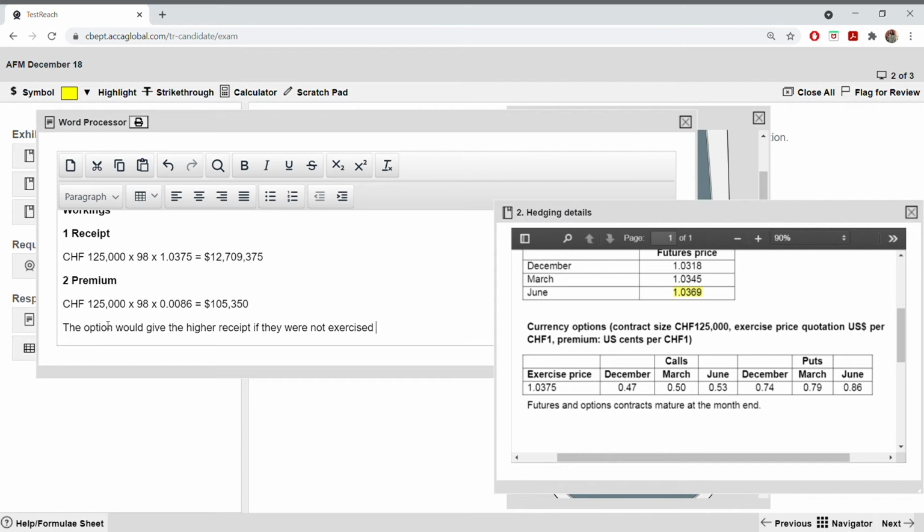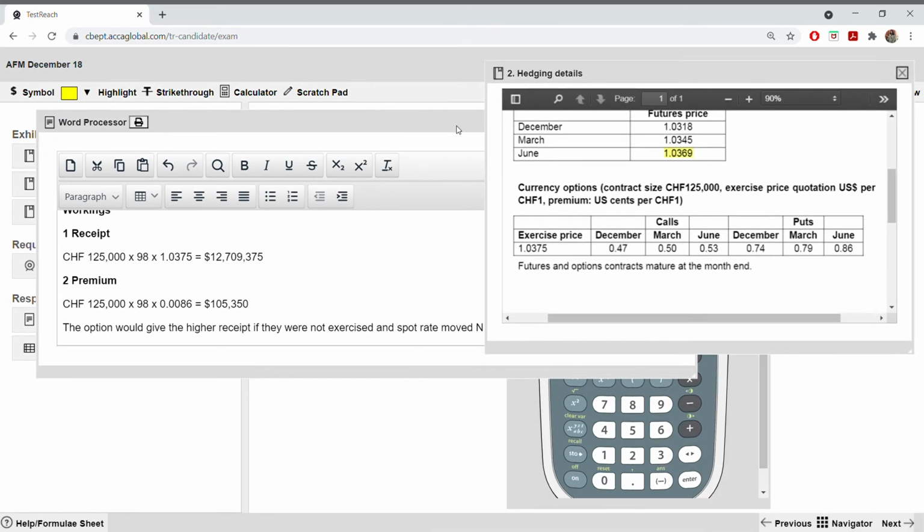And the spot rate moved sufficiently. You have to talk about all these rates. Spot rate moved in the company's favor. Okay? In the company's favor. You cannot see because of what I am typing, okay?